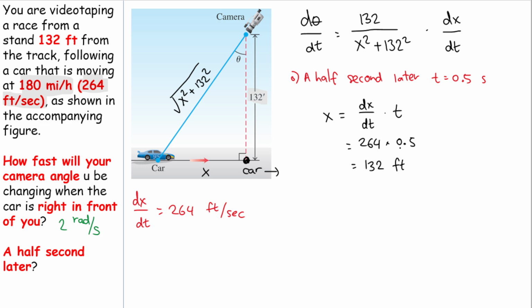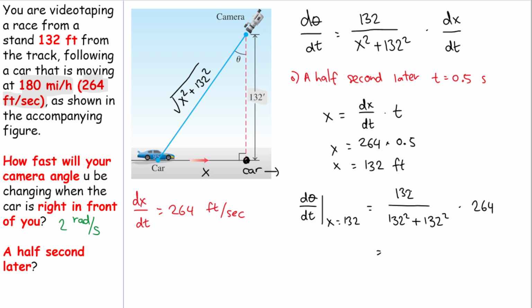Okay. So now we can just plug this x equal to 132 feet into this formula, right? So I will have d theta dt when x is equal to 132. Okay, now let's plug that in. So I'll have 132 divided by 132 squared plus 132 squared and then multiplied by dx dt, which is 264.